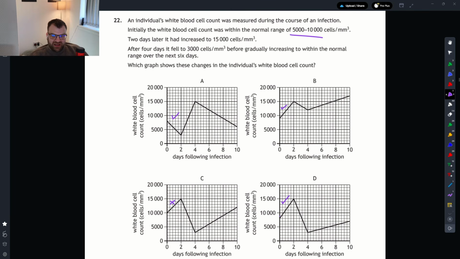2 days later, it increased to 15,000. Well, that decreased, so not that. 15,000. I've already ruled out this one, but that bit's okay. And then that bit's fine. So B and D are the only ones still in the actual running. After 4 days, it had fallen to 3,000.